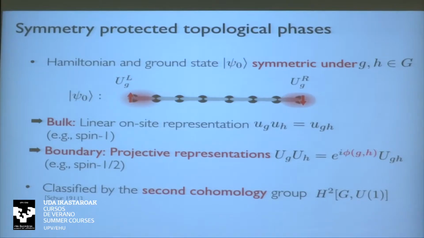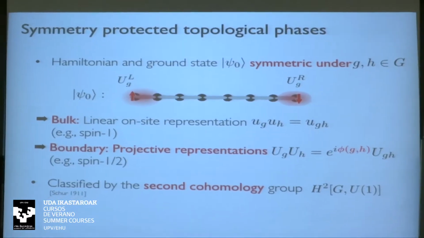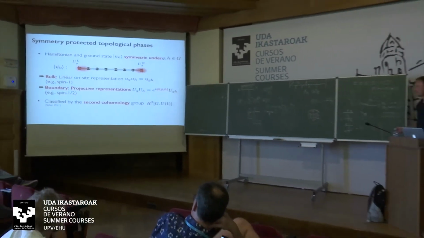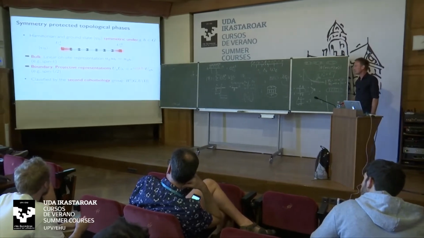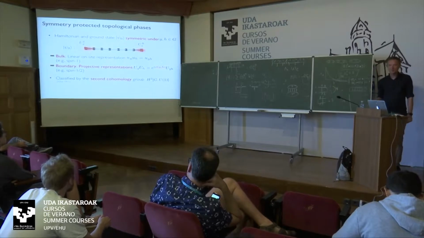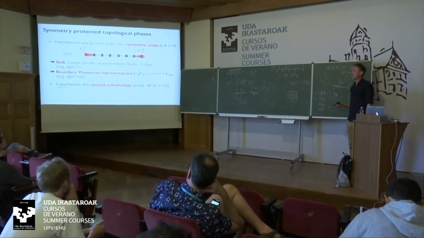to the second one? And it turns out that you can then group the different projective representations into different classes. He calls it the Schur multiplier, or in modern language, these are the second cohomology group. So now we have the classification of different projective representations.